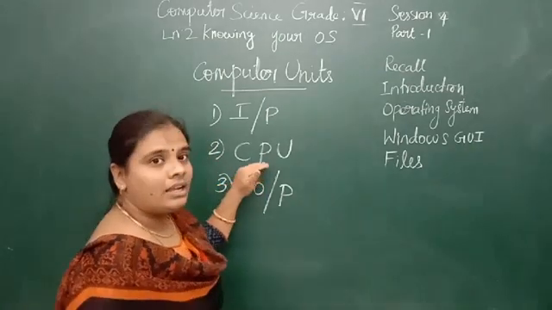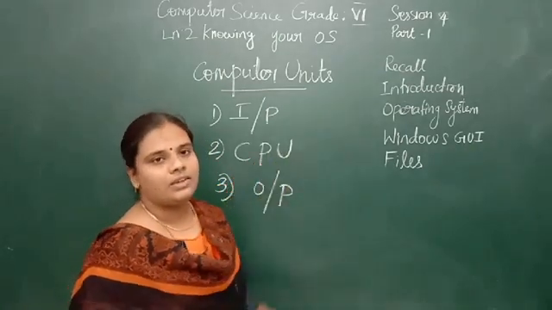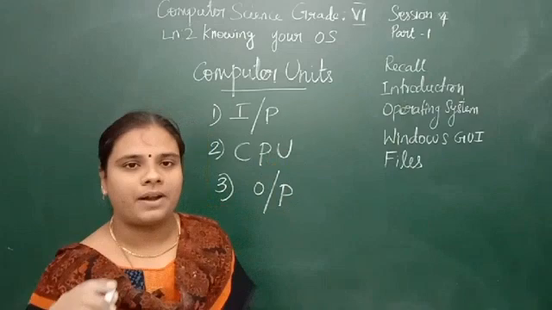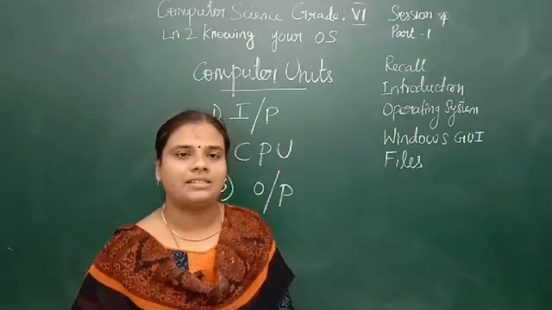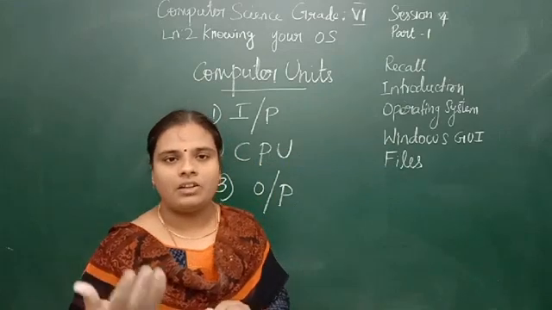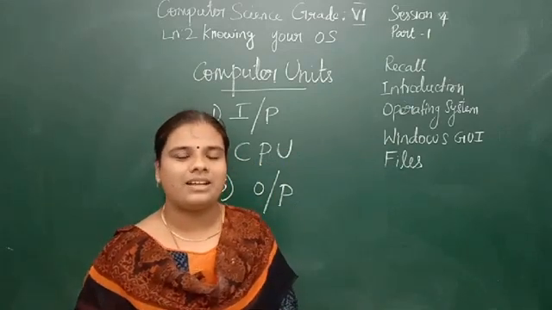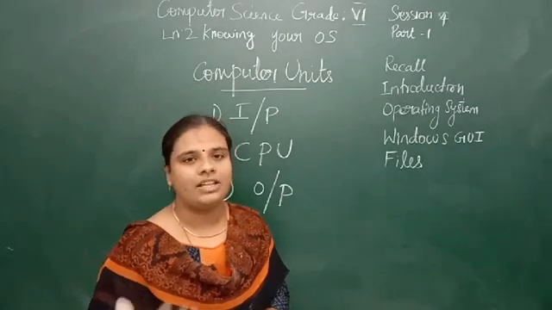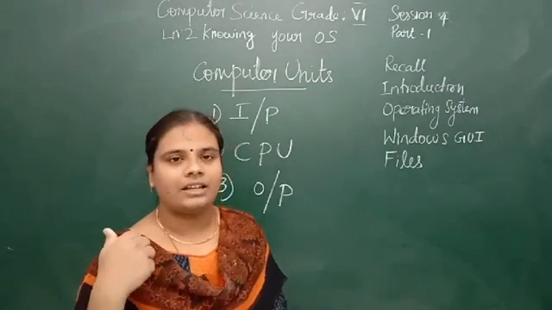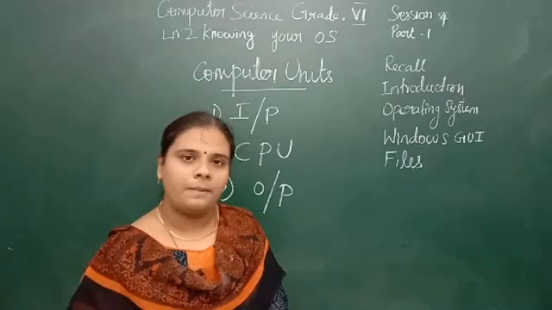Next one, central processing unit. What is that? This unit is used to process the data. I am always saying processing. What does processing mean? Performing calculations, storing the data and retrieving the data. These all come under processing.